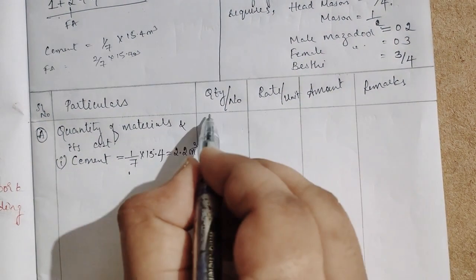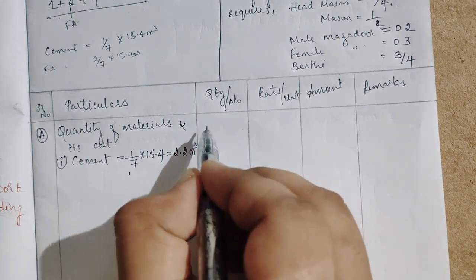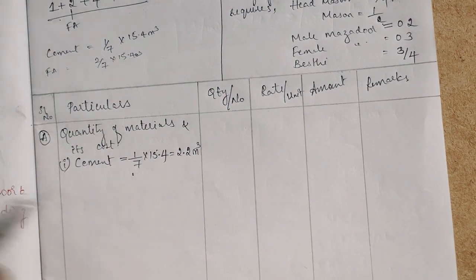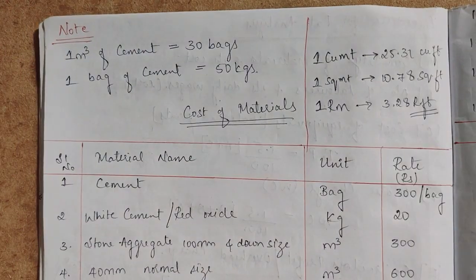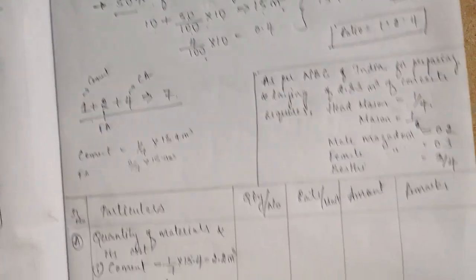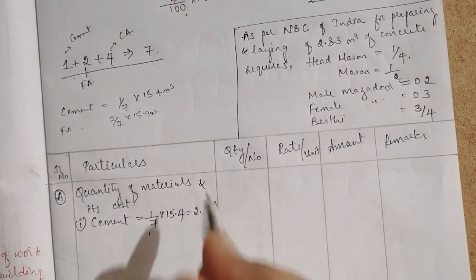If it is 2.2 meter cube, for 1 meter cube we know, from the note I have given you on the first day of video, 1 meter cube of cement is 30 bags. So 2.2 meter cube of cement, how many bags?